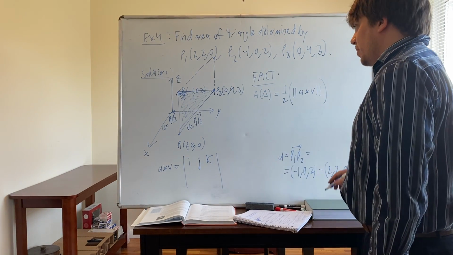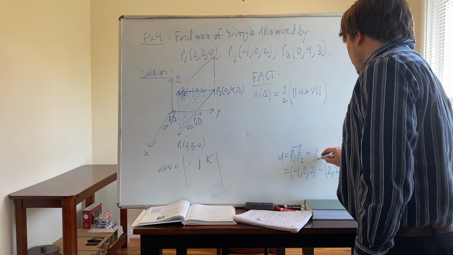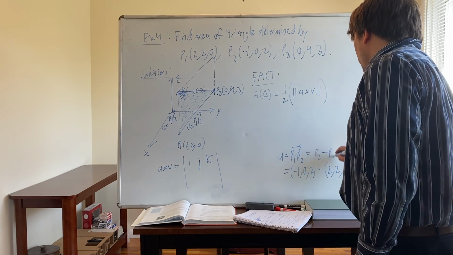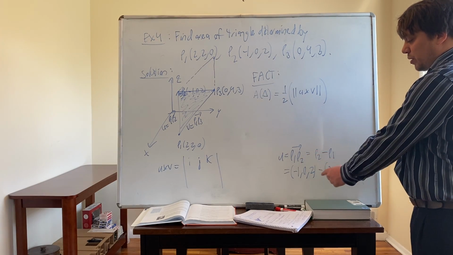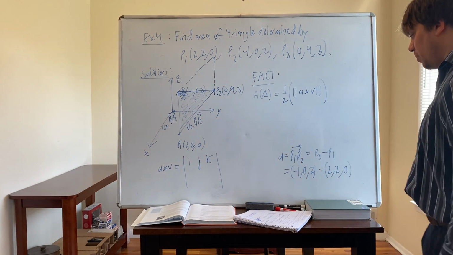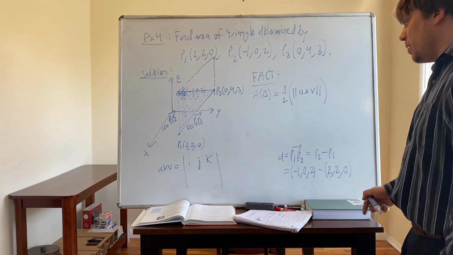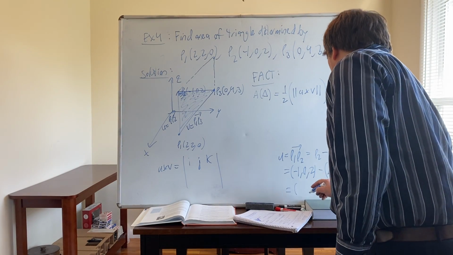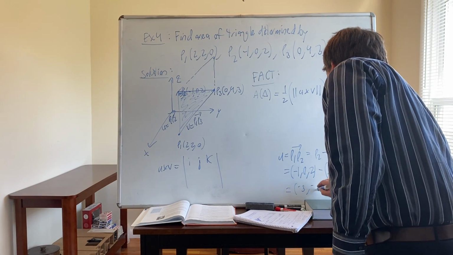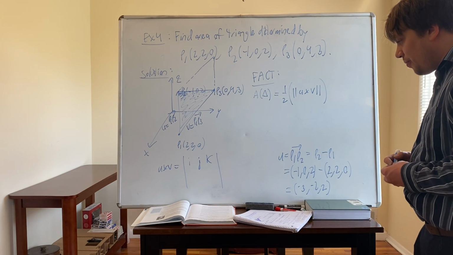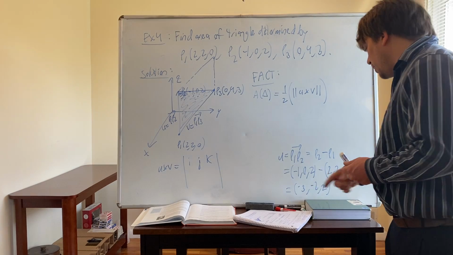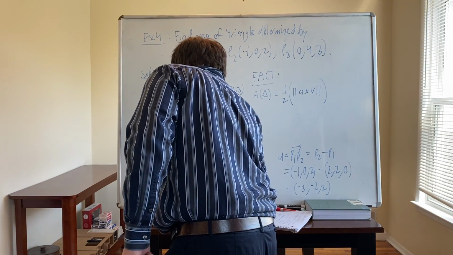Okay, so this is the point p2 minus p1. So the vector p1, p2, it starts at p1, ends at p2, is the point p2 minus the point p1. That's p2 minus p1, and what you get for u is negative 3, comma negative 2, comma 2. Okay, so u is negative 3, negative 2, 2.